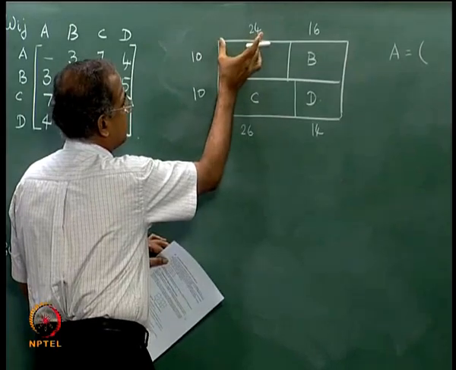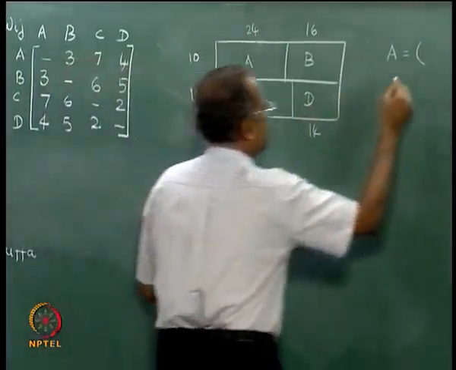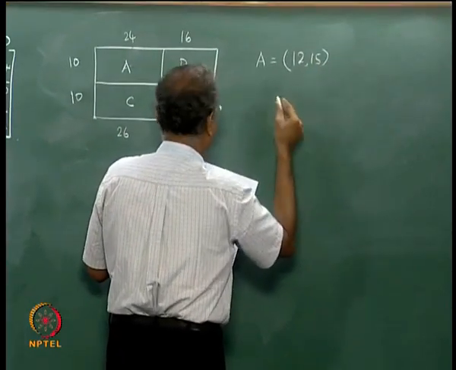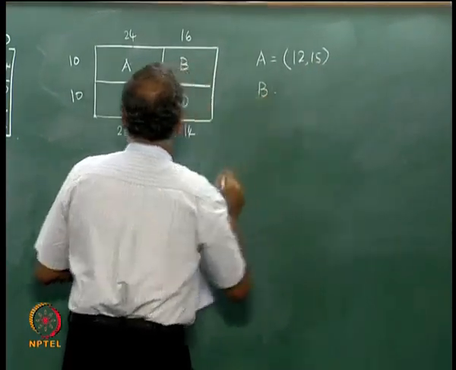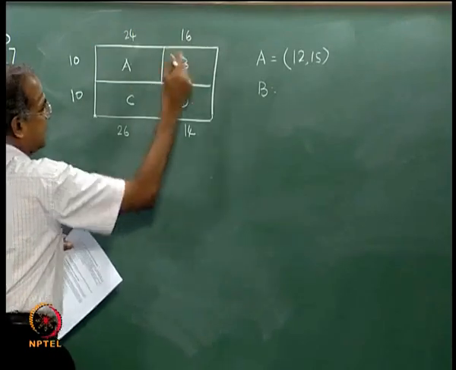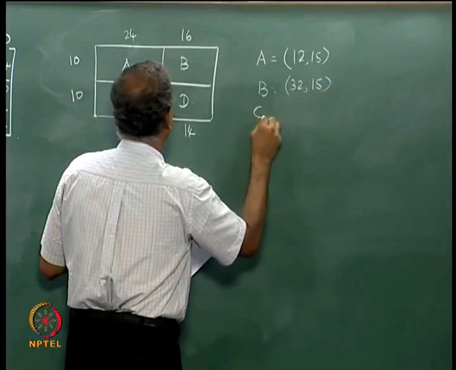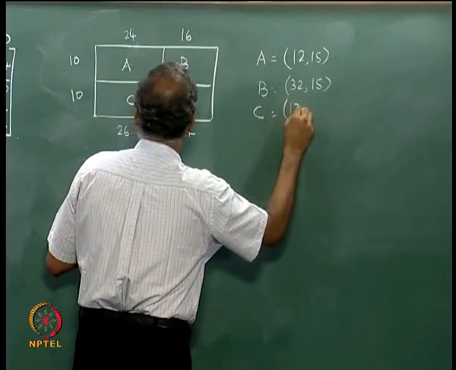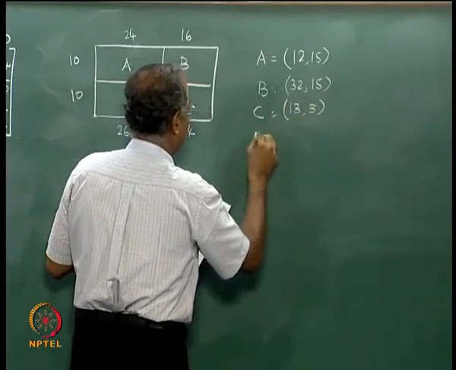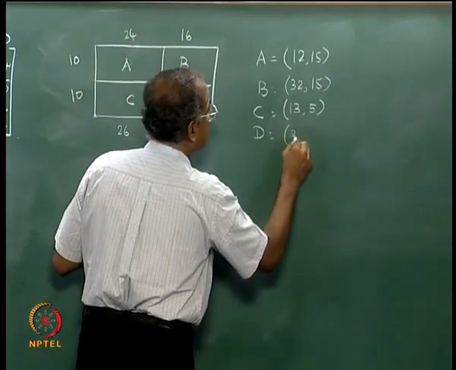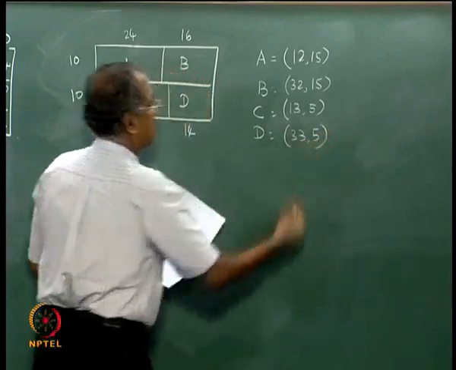This distance is 12, this is 10 plus 5. So, for A it is 12, 15, for B it will be 24 plus 8, 32, 15. For C it will be 13, 5, and for D it will be 33, 5.